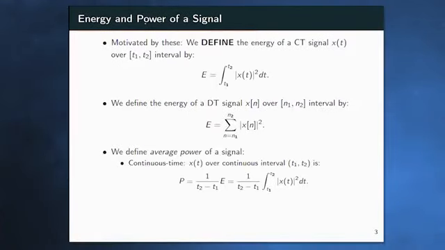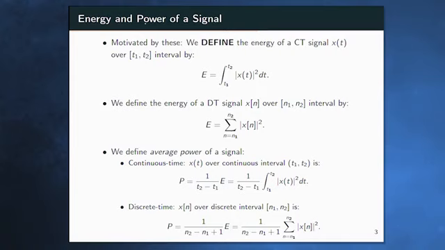And we can define the average power of a signal to be the energy over a given interval divided by the length of the interval. And in discrete time, the same way, the energy over the given interval divided by the number of points in that interval.